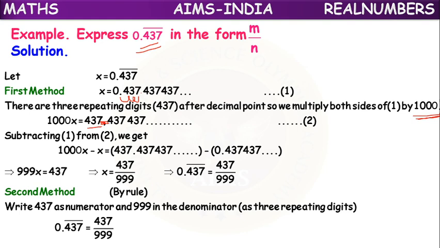So after cancellation, 437 minus 0 is 437. After the decimal, all will get cancelled. Like that, we will get the answer. Or if we remove the point and bar, it is 437. How many decimal places are repeating? 3. So we have to write 3 nines. That's all.